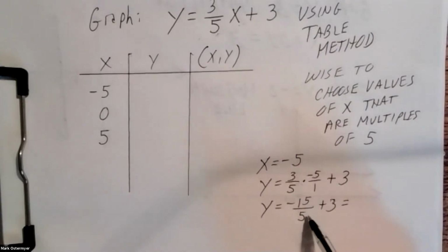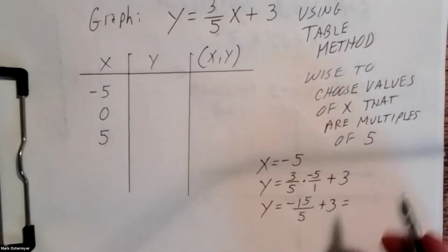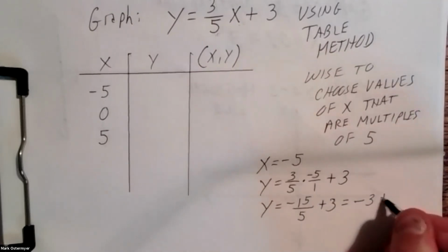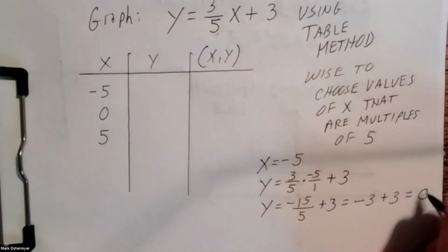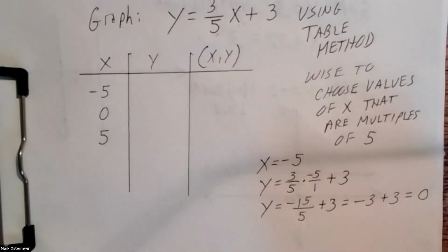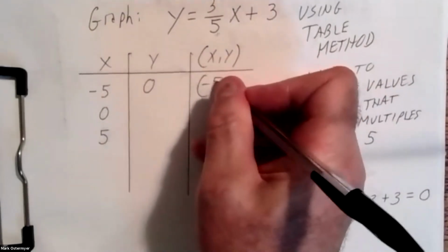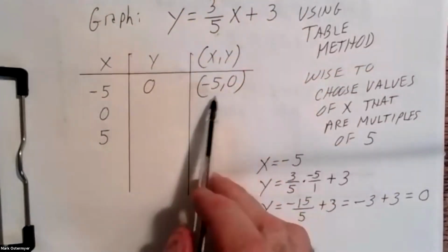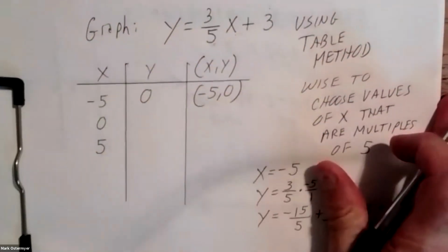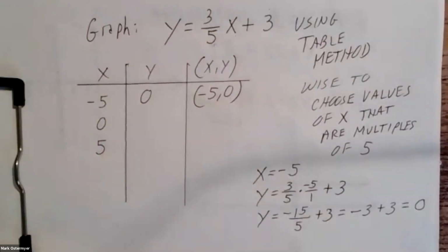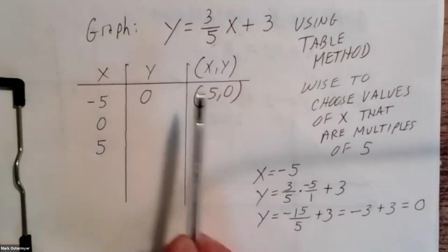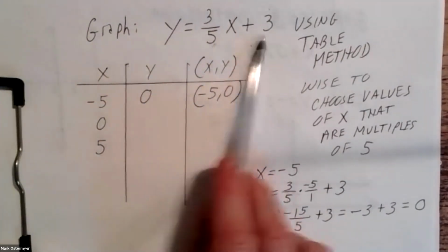This reduces down to a nice integer. So what's -15 divided by 5? Just -3. What's -3 plus 3 now? 0. So when x is -5, y would be 0. Hence, this would have to be one ordered pair solution to this equation here. This has to be one point that lies on the graph of this linear equation.